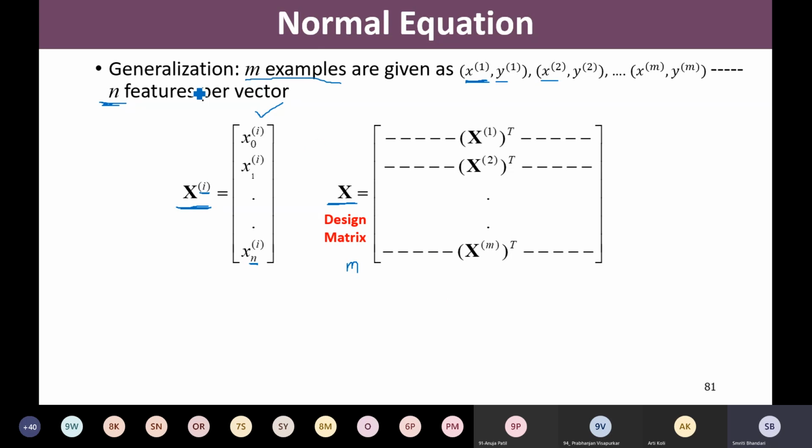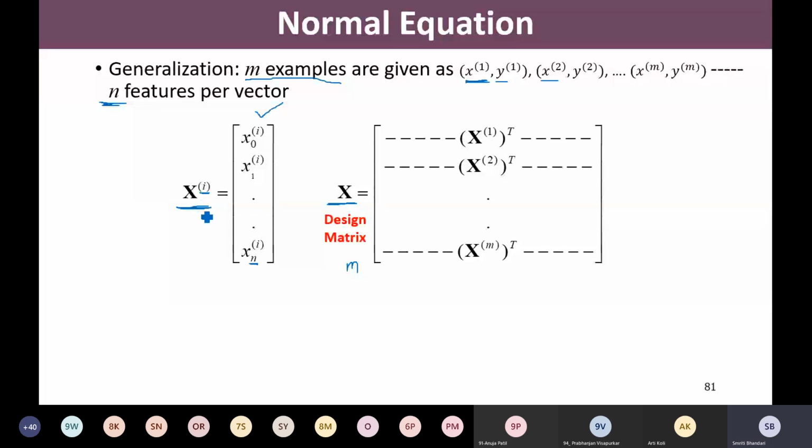So here we have m examples, so the number of rows would be m in my design matrix. And what does every row represent? Every row represents our feature vector.